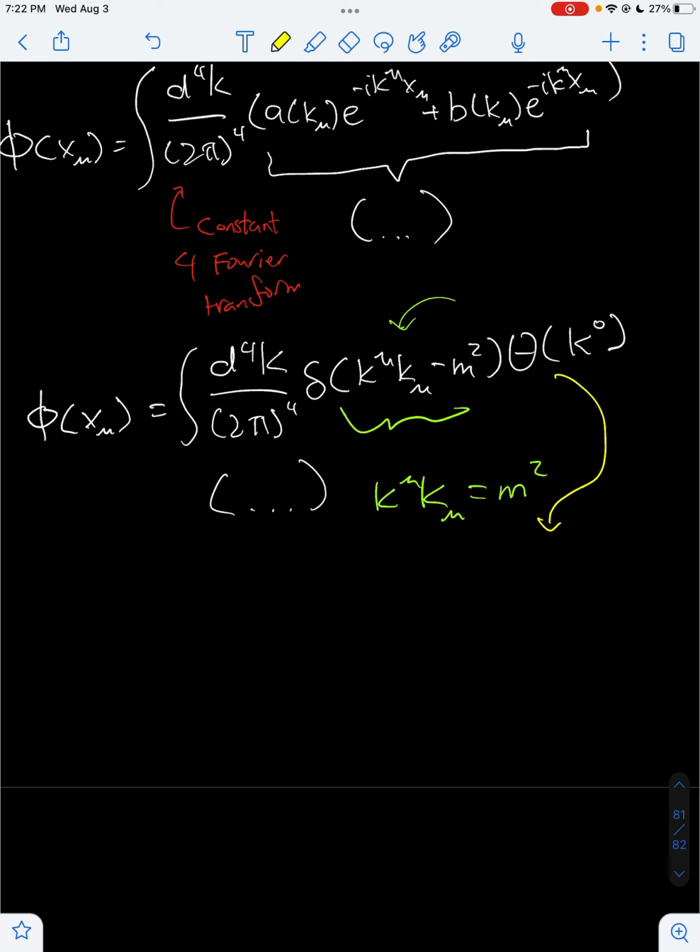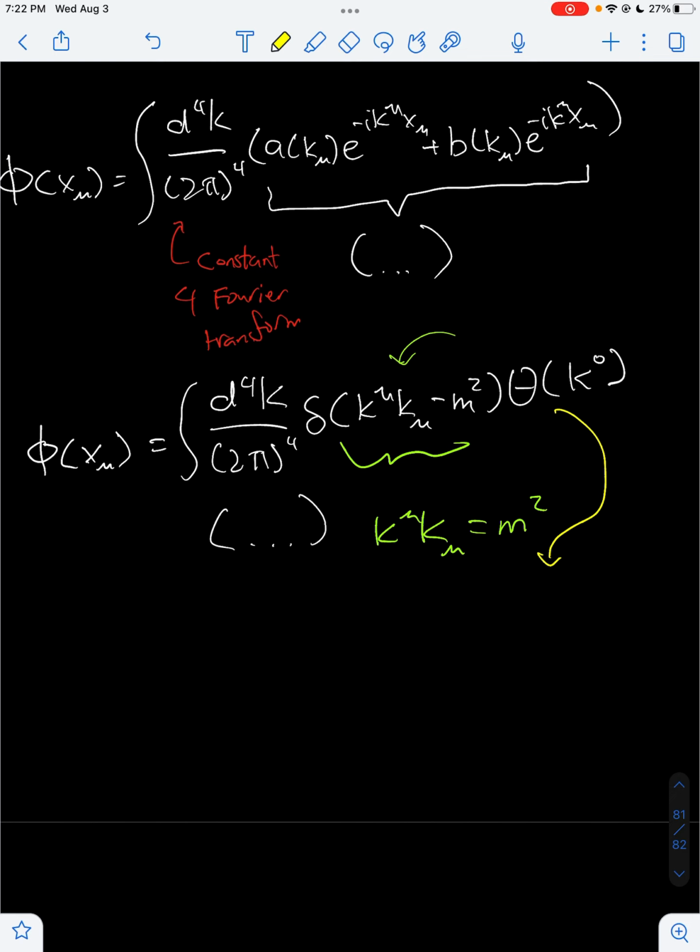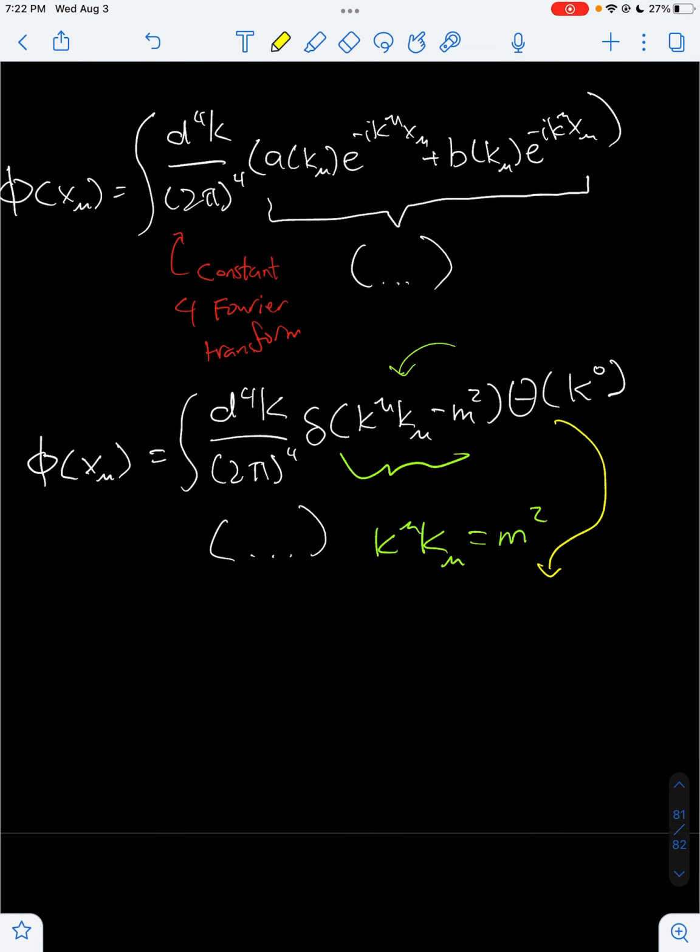If you want to learn more about that, look up the Dirac sea. I also talk about that in my, I believe, third or fourth video on the Dirac equation. But we only want to look at particles that have a positive energy. So that's why we put in the Heaviside function as a function of k naught. k naught is also the energy of our system, by the way.